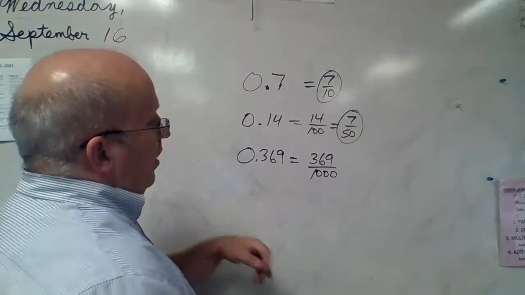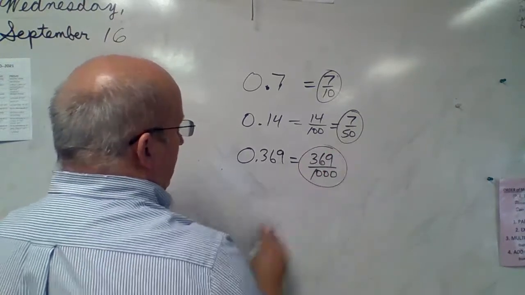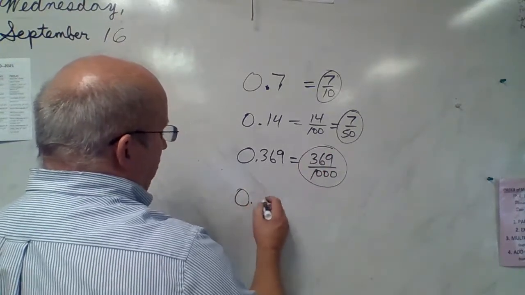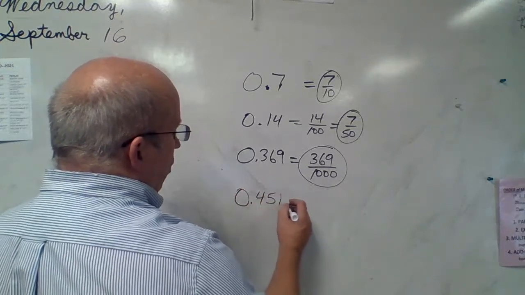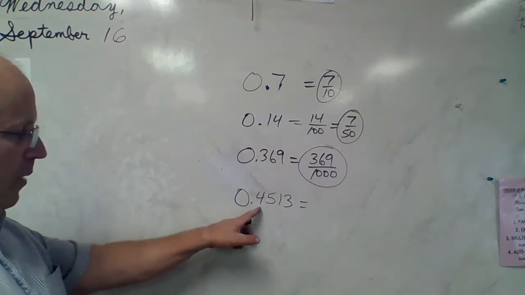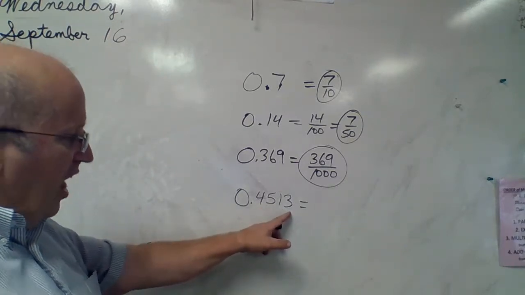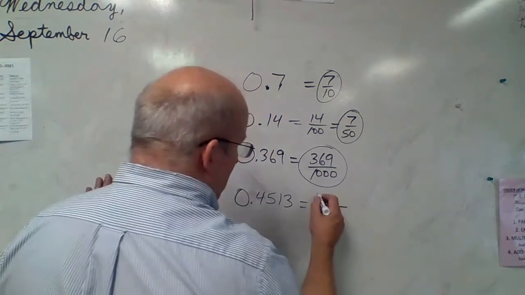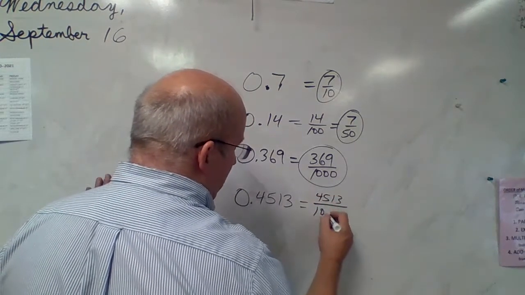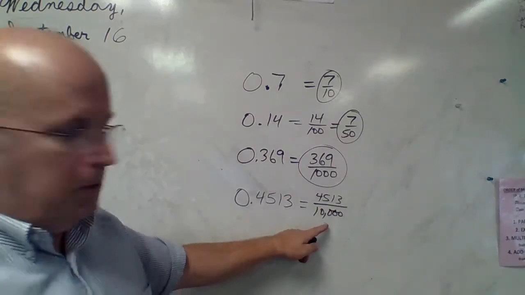Can I simplify that? No, I can't, so I'm done. How about something like 0.4513? I'm occupying the tenths, the hundredths, the thousandths, and the ten-thousandths place value, and so I write it like this. Can I simplify that? Nope, I can't, so I'm done.